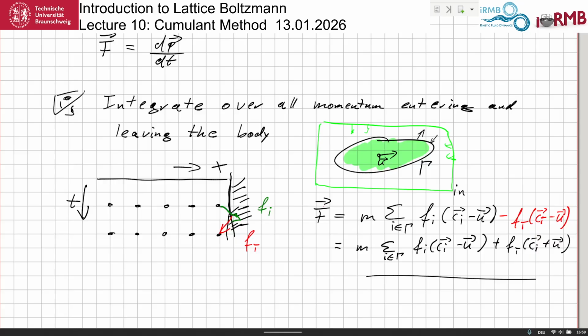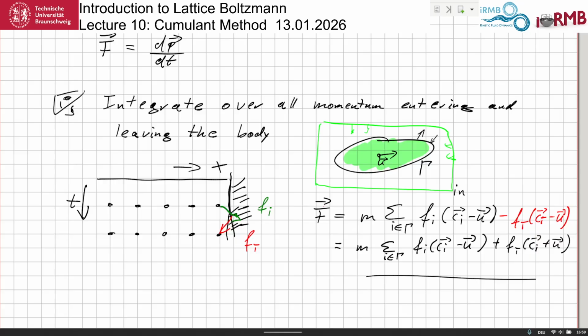So it is actually sufficient to take a closed envelope of the body and calculate what is going in and out. This is not temporally accurate because it's not instantaneous, but for an average it would be true.